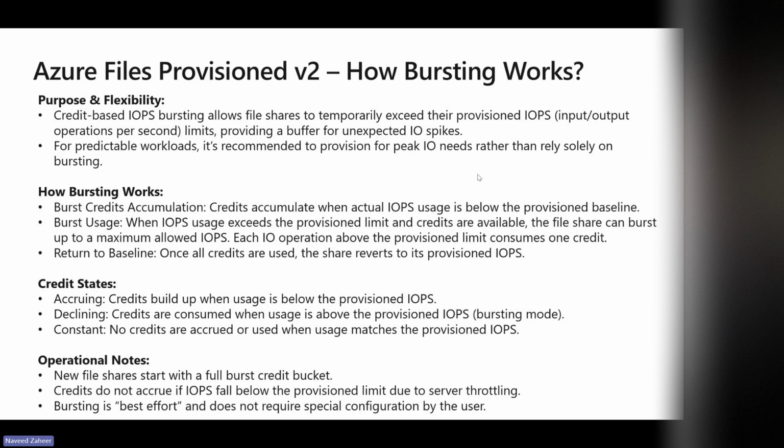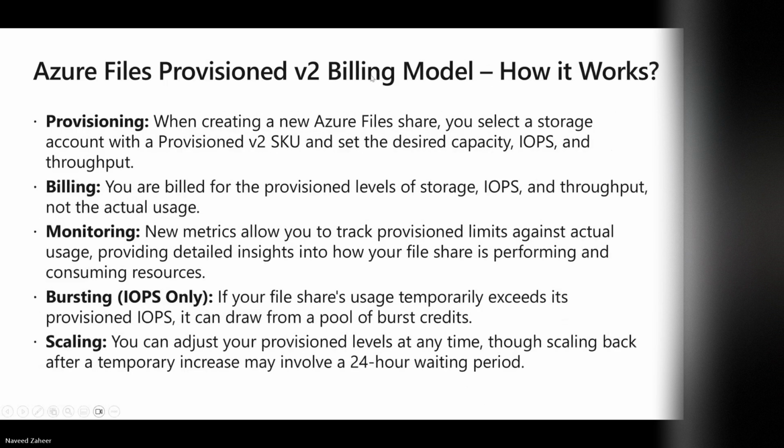The reason I want to talk about it is that Microsoft file shares are built on top of this model. And by the way, as I said, how it works is provisioning, bursting, IOPS.